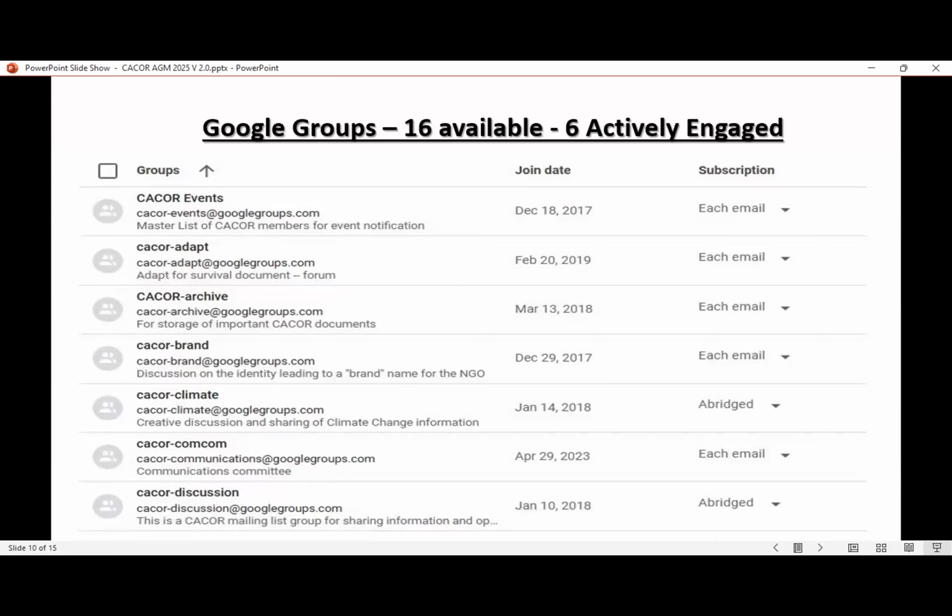Doesn't cost anything to keep them going. But for example, here's another one, Cacor Communications Committee. It hasn't been used in some time, but we certainly have 6 which are very active, and I think most of you know what those are.